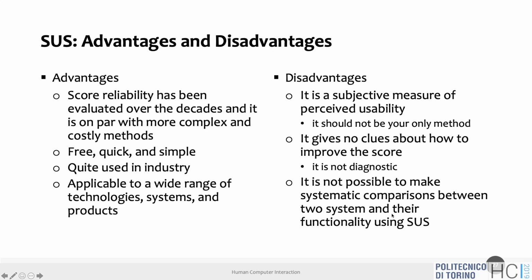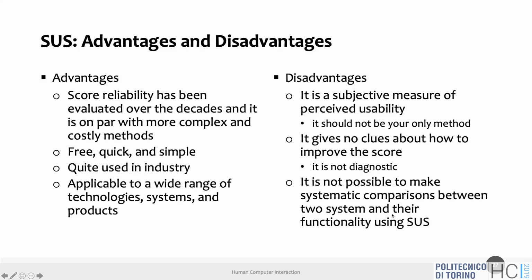It's also free, because it's a piece of paper that is available on the internet. Also, the scoring system is understandable and available. It's quick, just 10 questions, and quite simple. It's widely used in industry, and it's applicable to a wide range of technologies, systems, hardware, software, and so on.